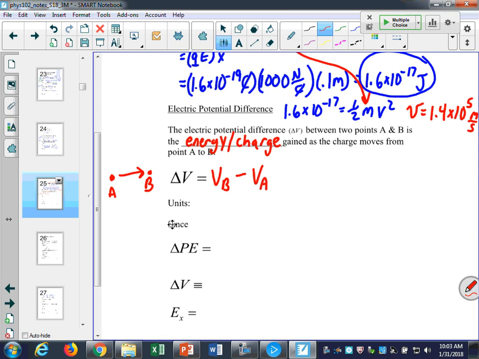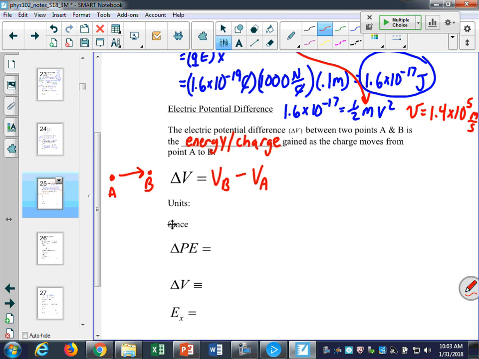If these are the same, then the potential difference is 0. There is no change in energy per charge. But if these are different, then it can have either a positive or a negative potential difference.